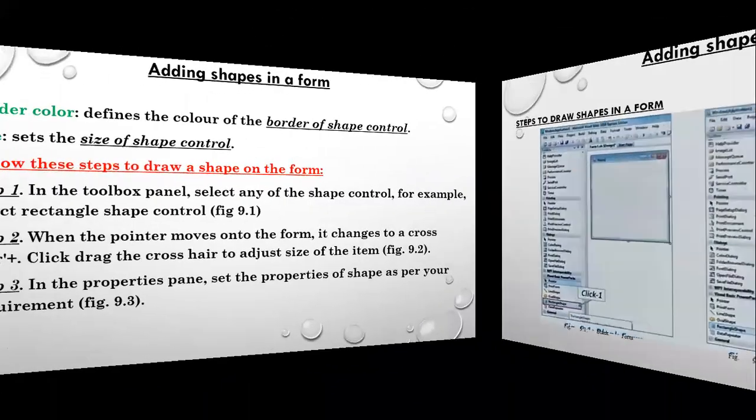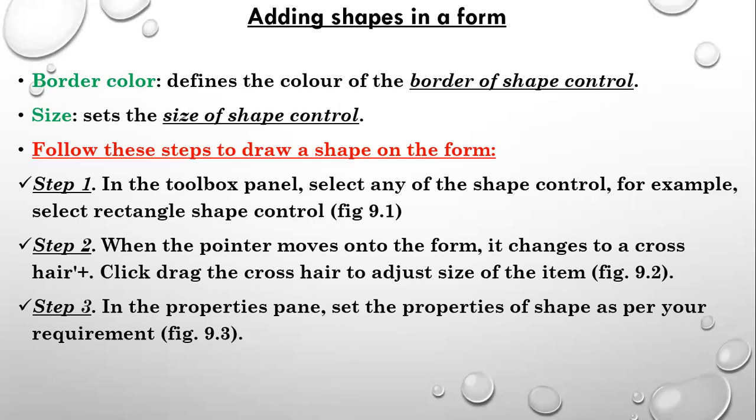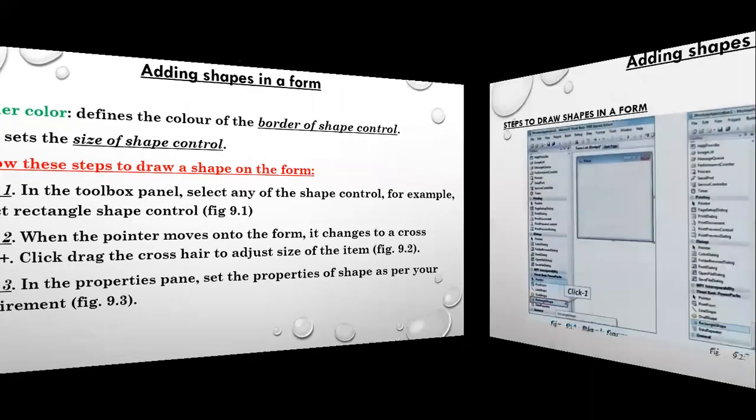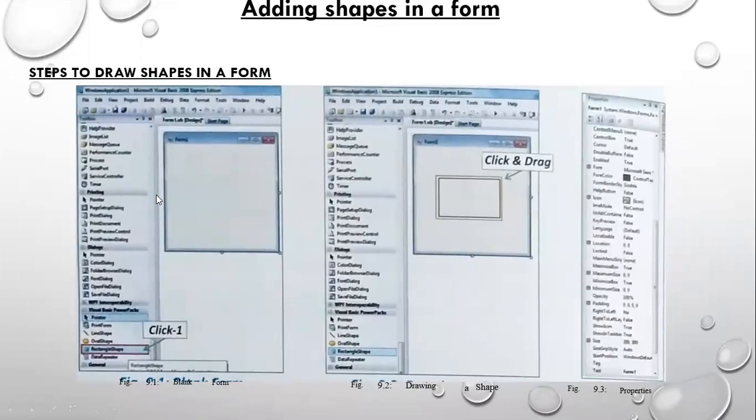So again, to repeat, the steps to adding shapes in a form is, first I will go to my toolbox, that is to my left hand side. I will choose the shape that I want. On my form, when I click, my pointer will turn to a plus icon. I can click and drag the shape as per the size that I want.